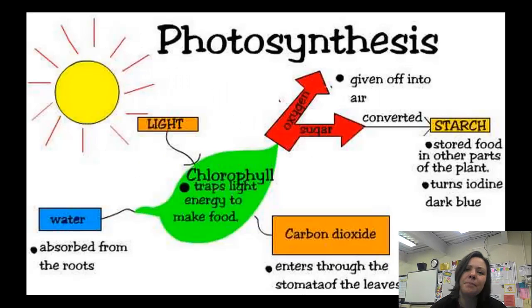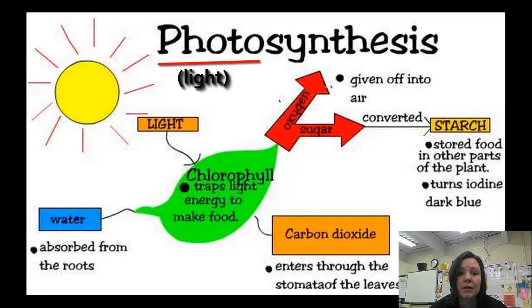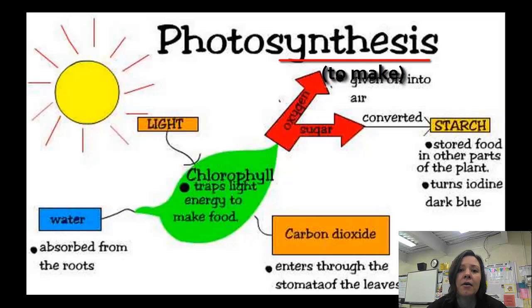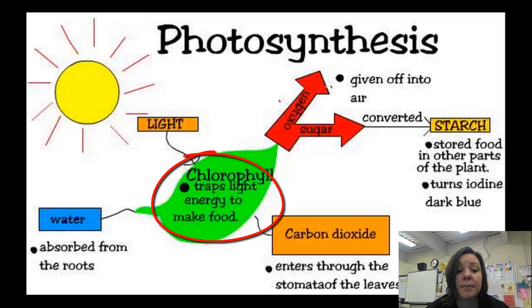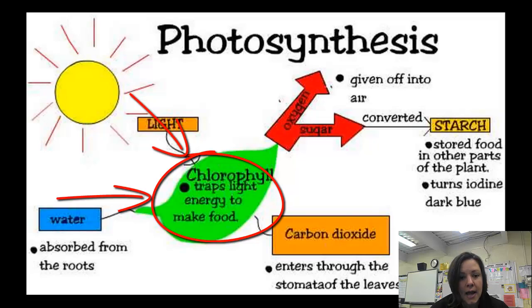So here's the breakdown of what photosynthesis looks like. Remember, photo means light and synthesis means to make, so it's a light-making form of energy. Basically, the plant traps the sunlight in its chlorophyll, in the chloroplast, and then water comes up the roots of the plant, and carbon dioxide comes in through the stomata of the leaves.